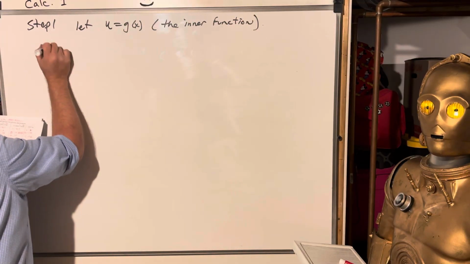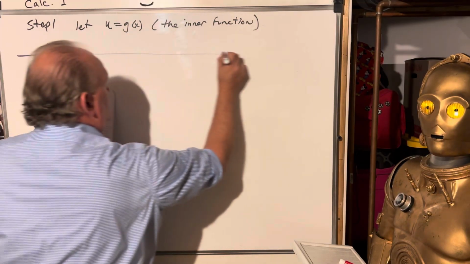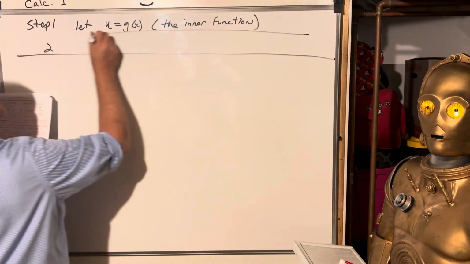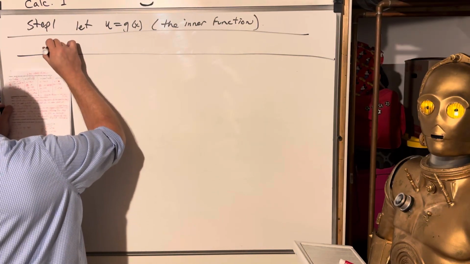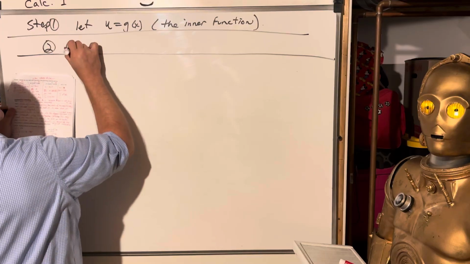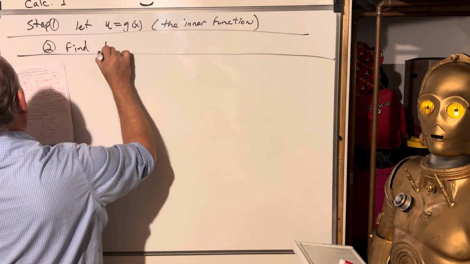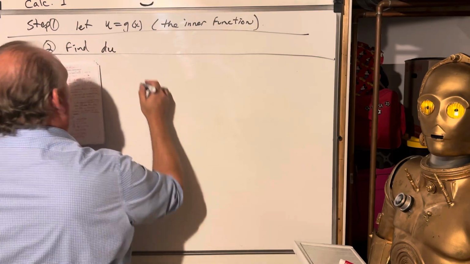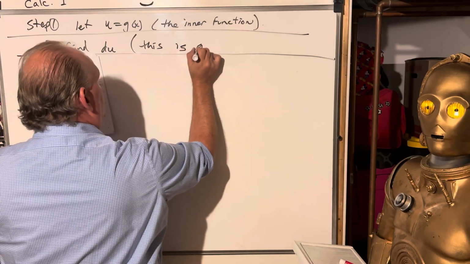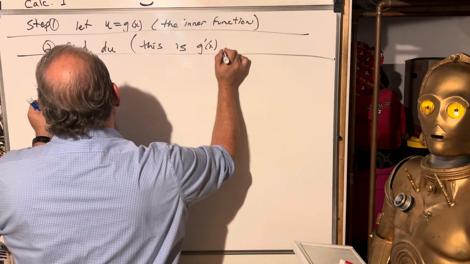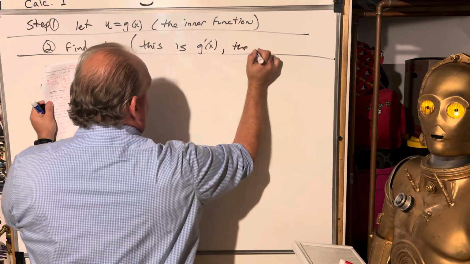Step 2 is find du. This is g prime of x, the derivative of the inner function.